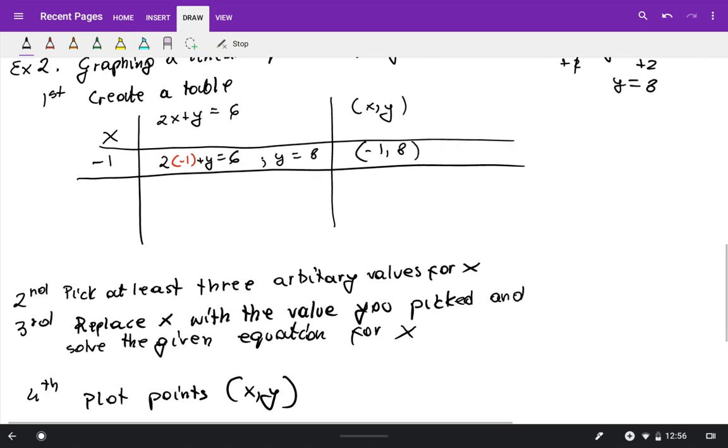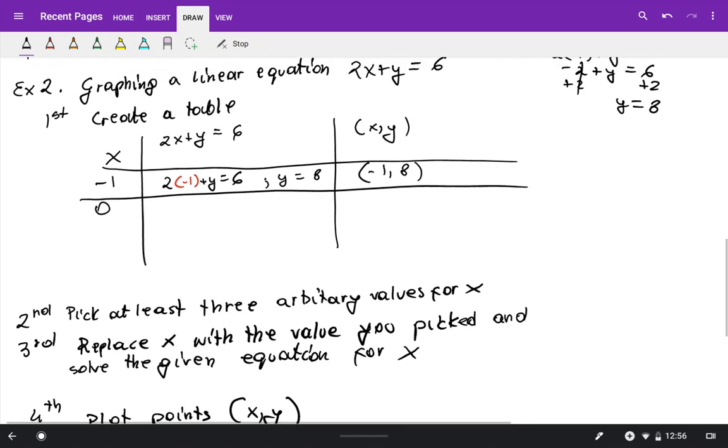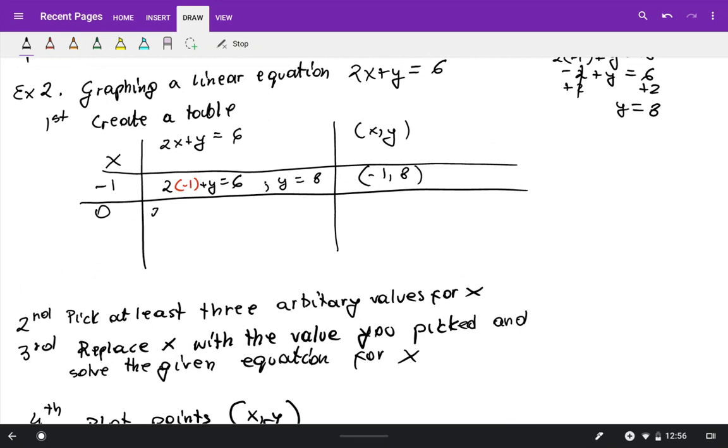Okay, so the next value for x will be 0. So I'm replacing x with 0. So we have 2 times 0 plus y equals 6. When you solve this equation for y, we will end up with y equals 6. So we have a point 0, comma 6.